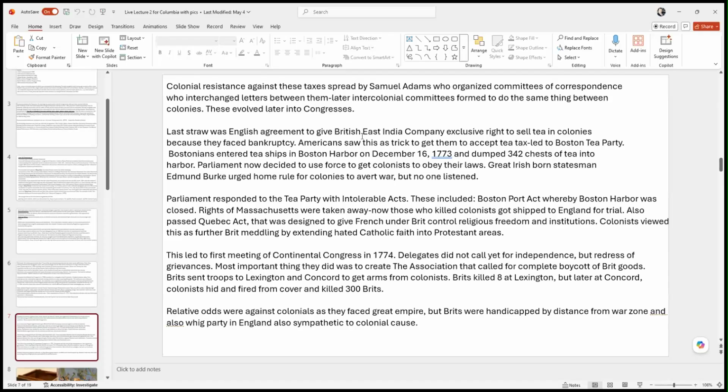They harried and ambushed the British soldiers all the way to Concord, and over the course of that march, they ended up killing 300 British soldiers, which back then was an enormous number of killed in a combat situation. And that was kind of the end of any chance for compromise. When the British lost that many soldiers to violence, there wasn't going to be any more compromise.